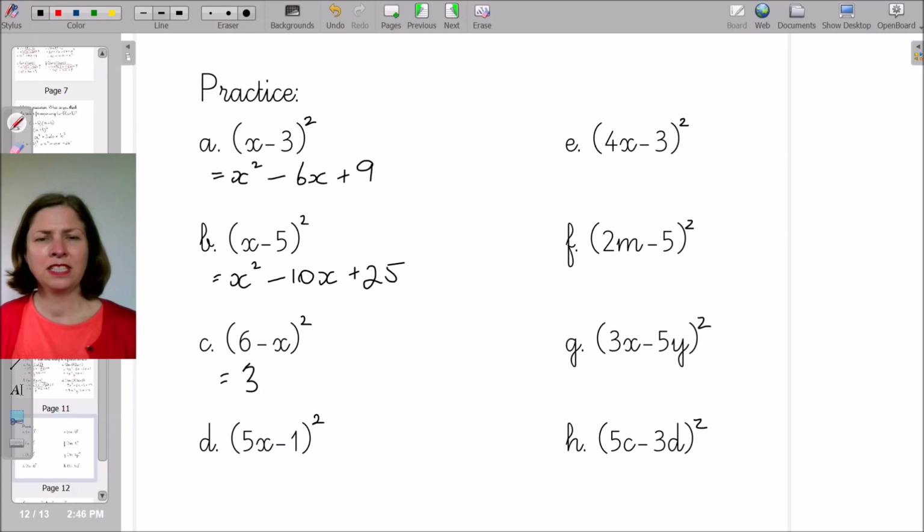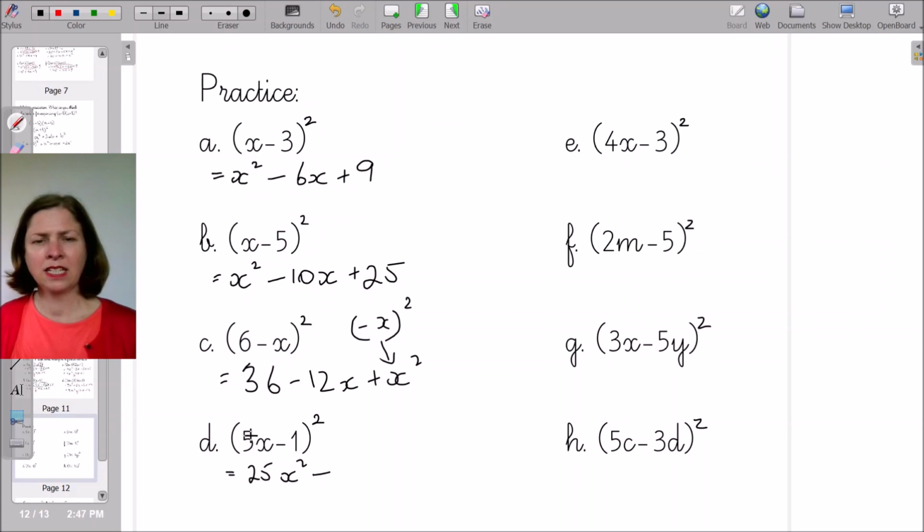6 squared is 36. 6 times -x is -6x, doubled is -12x, and then -x times -x, that's -x squared, is plus x squared. That's -x all squared, right, like this. That gives me that. Once again, square the first term, gives me 25x squared.